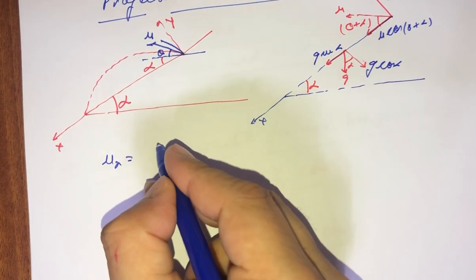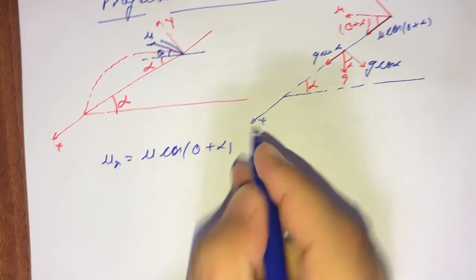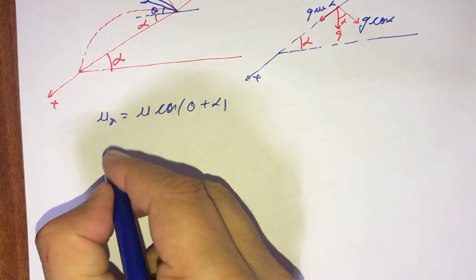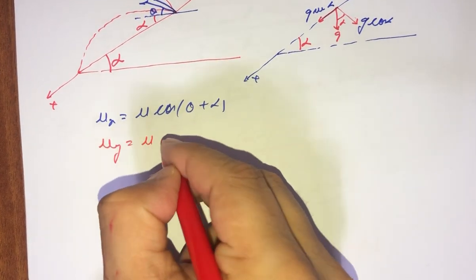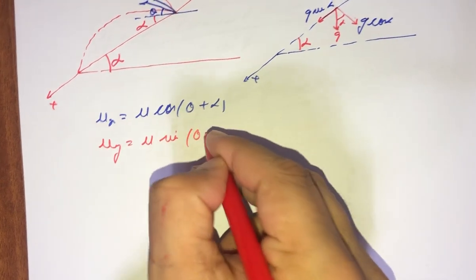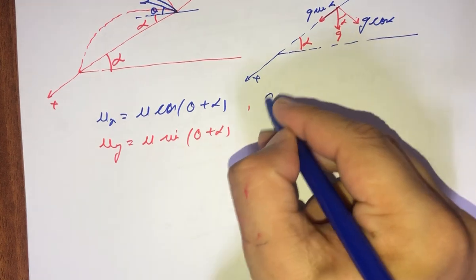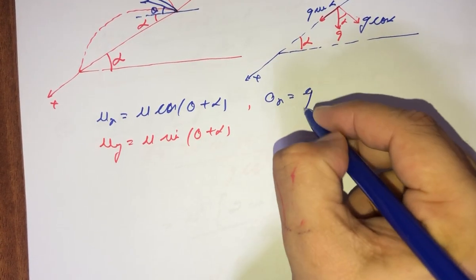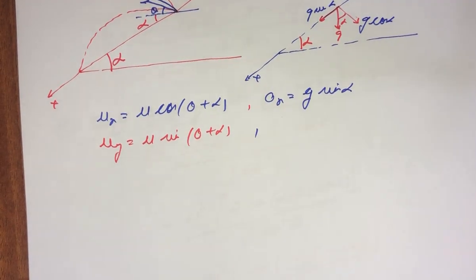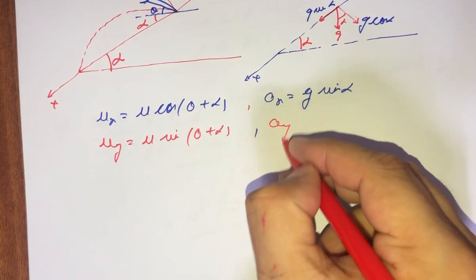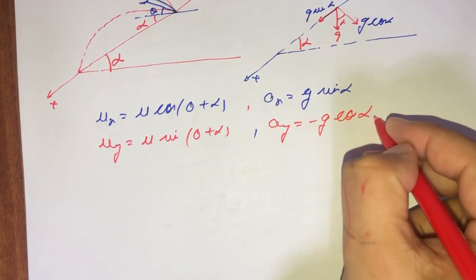Ux will be equal to u cos of theta plus alpha, uy will be equal to u sin of theta plus alpha, ax will be equal to g sin of alpha, and ay will be equal to minus g cos of alpha.